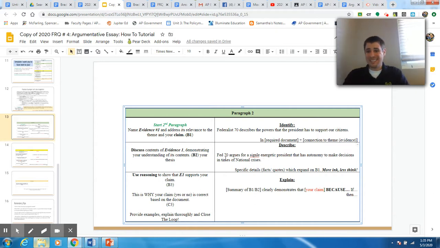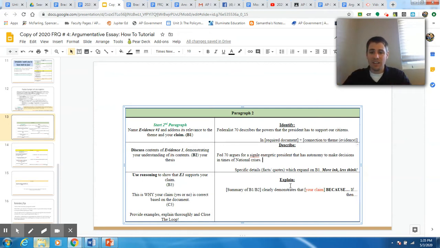Maybe I want to go deeper because there's only one president as opposed to three, or all of Congress, or all 50 states. This allows one person to act swifter. I'm describing it. Maybe it's helpful too. This is part of Fed 70, where if there's one actor, it's the person that gets the credit or the blame. It's easier to hold one person accountable. So those are all pieces that I'm describing that relate to the power.